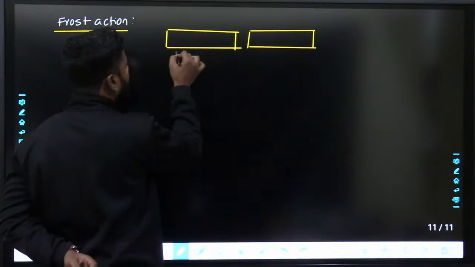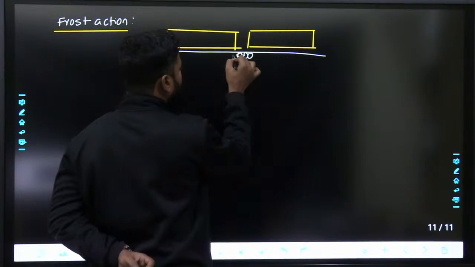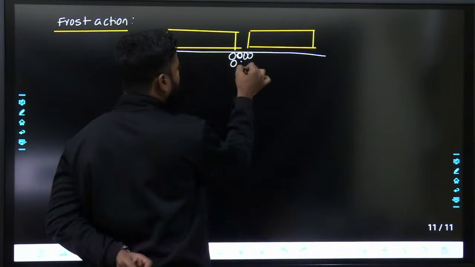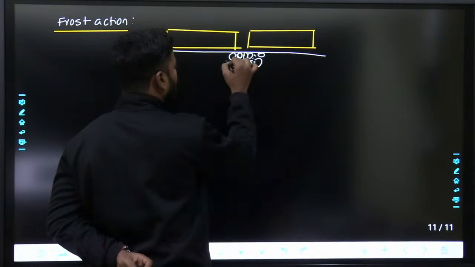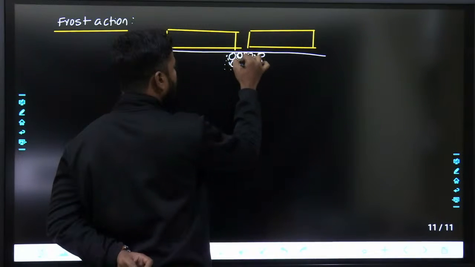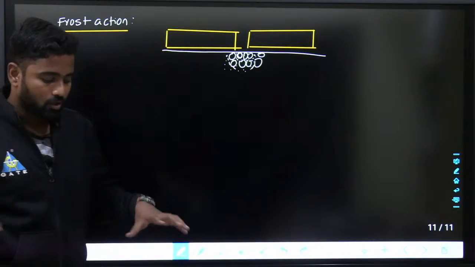So water that is present in the voids of the soil subgrade. In the voids there will be some amount of water, right? Water will be present in the voids of the soil.